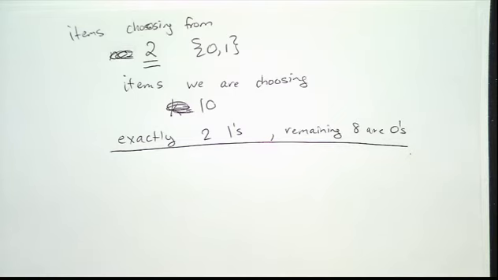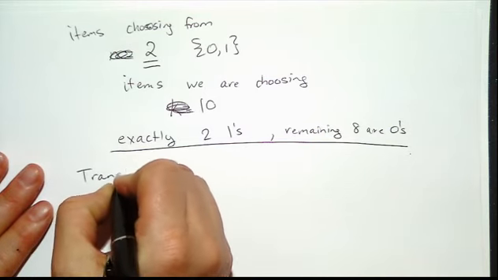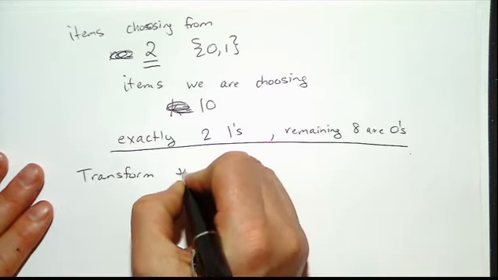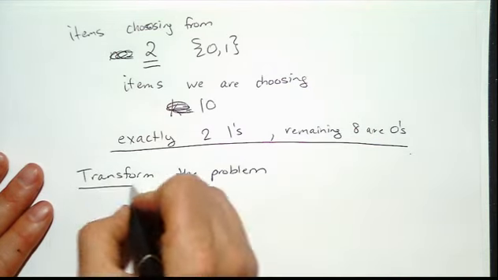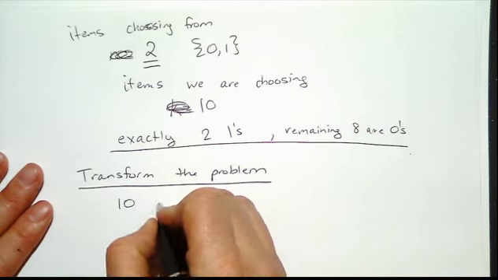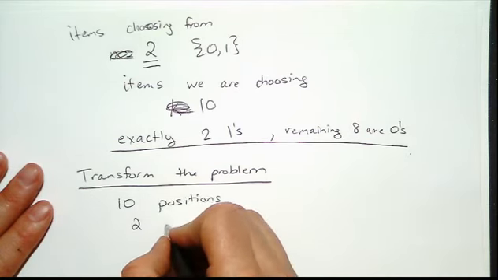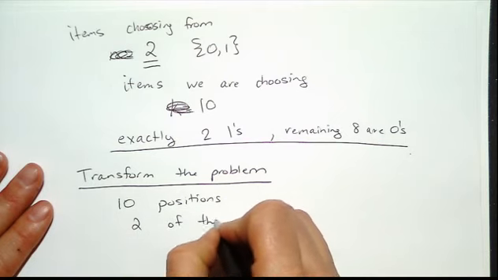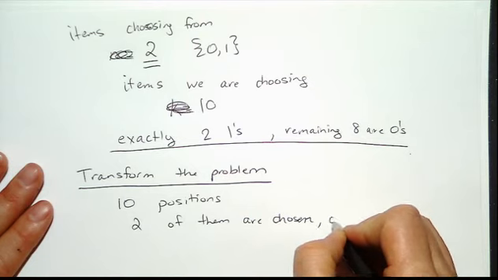So in reality, what we turn this into is we transform the problem. Now we choose from 10 positions, we choose 2 of them, and order doesn't matter.